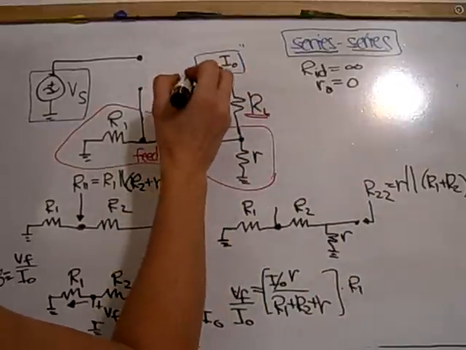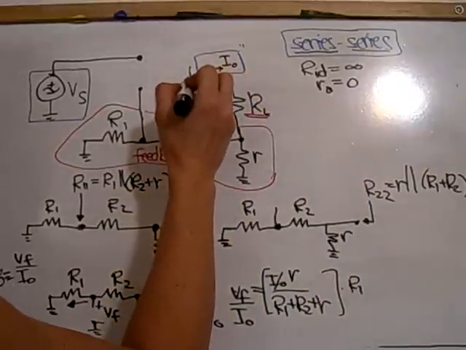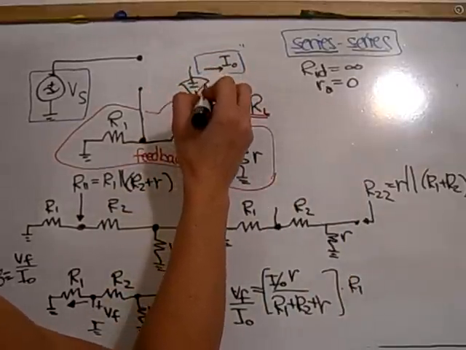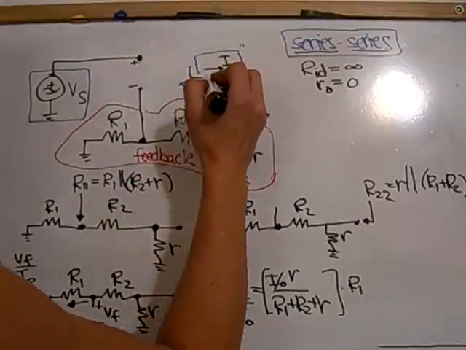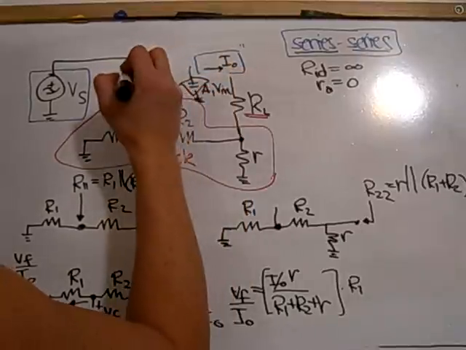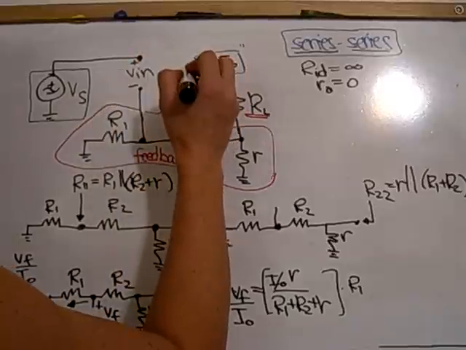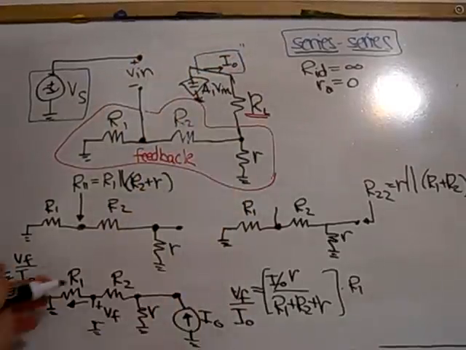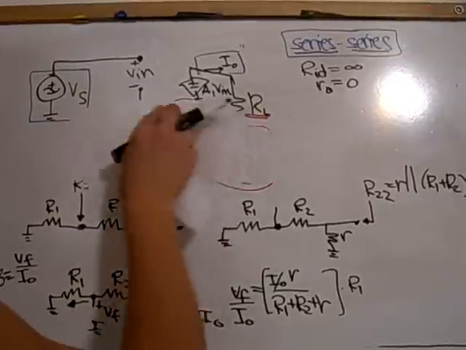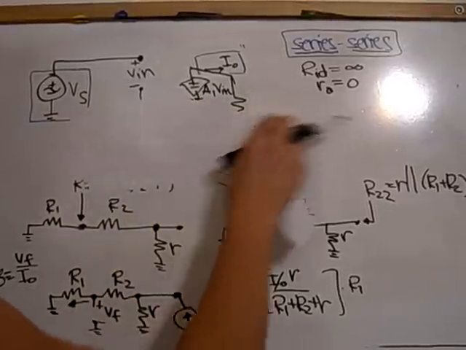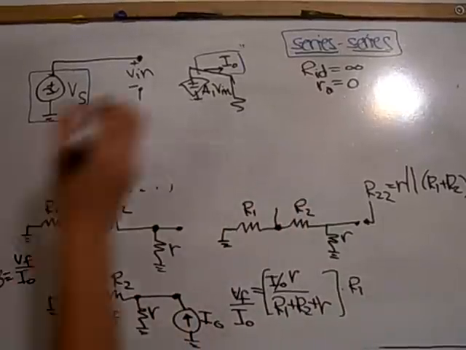So all I have here is a voltage source with value A1 times the input Vn. It goes out here. I erase all of the feedback part and replace that with R11 and R22.